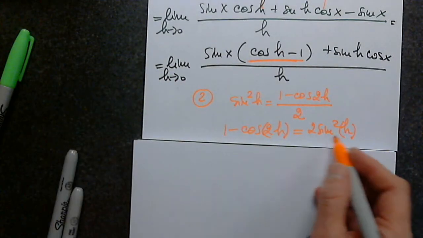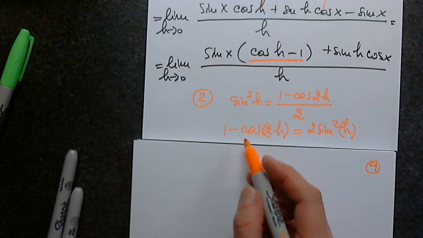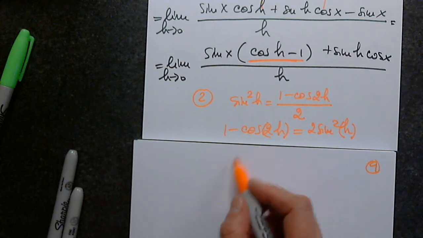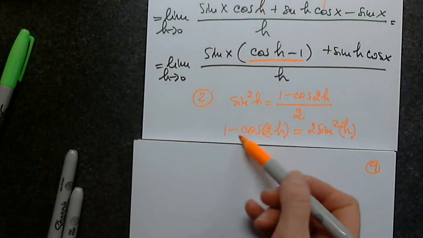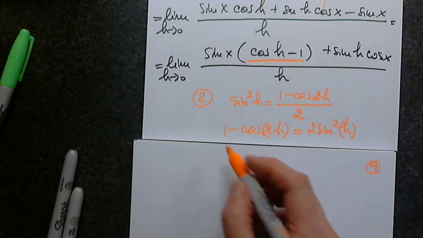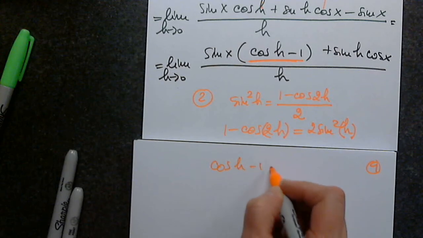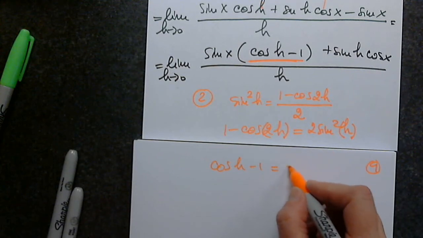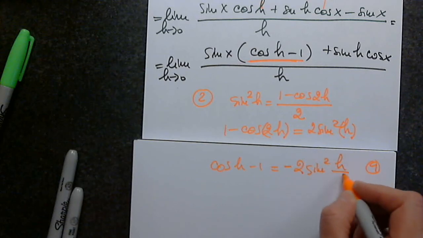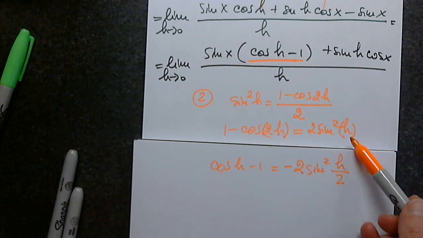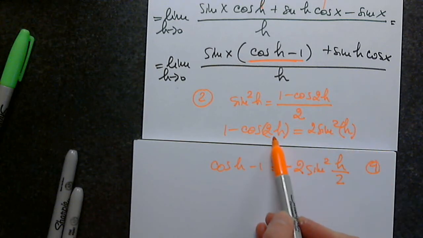Just to refresh your memory where this is coming from. You will either factor out -1 here or just multiply both sides by -1. It doesn't matter. So I have cosine h minus 1 equals -2 sine squared h over 2. Once I change this into h, I have to change it into h over 2, because this is the double angle.